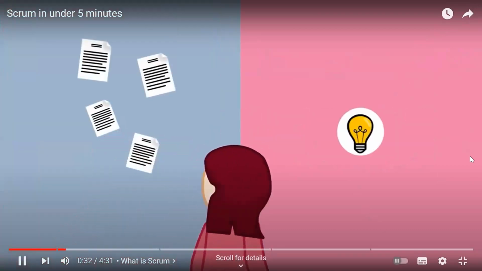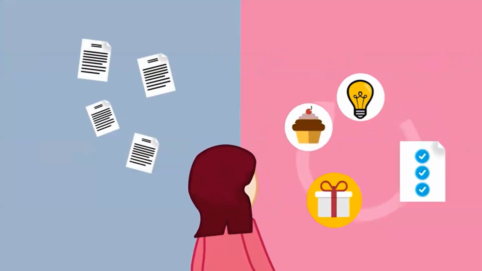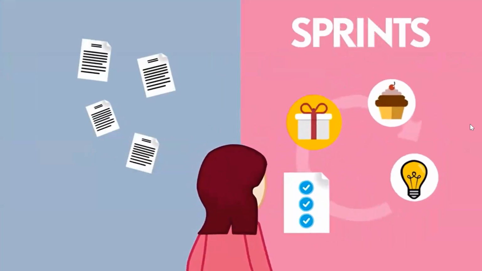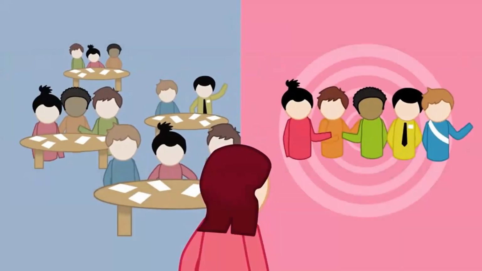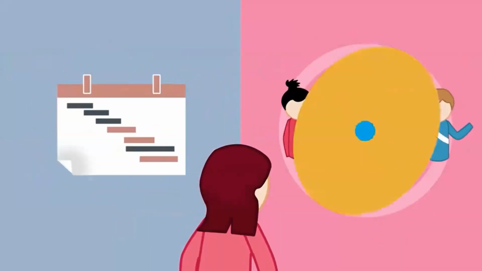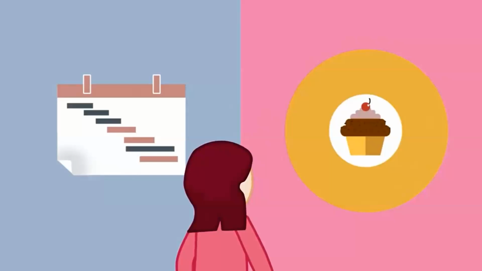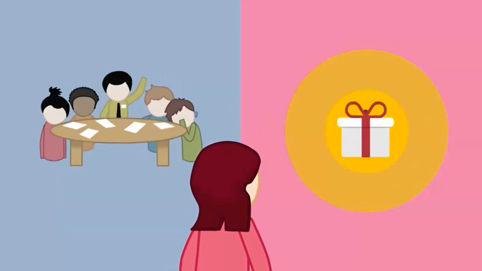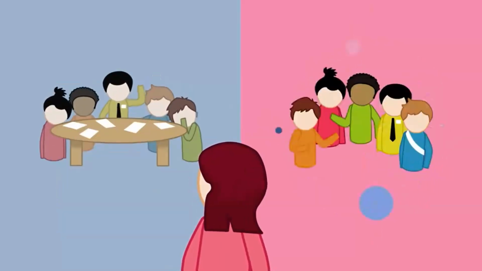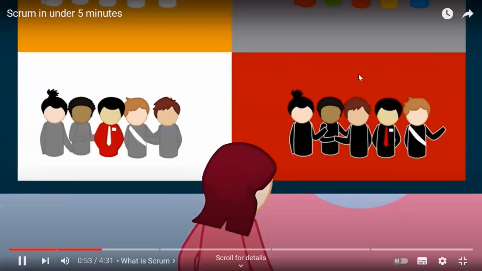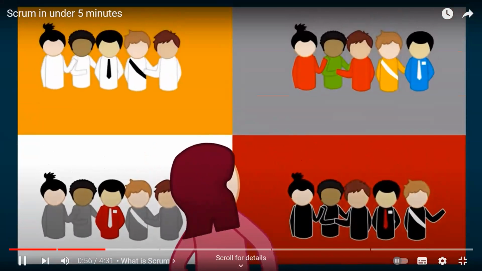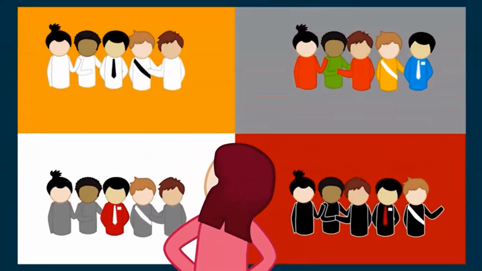With Scrum, you write fewer plans and you do more, in short cycles we call sprints. You don't work on separate islands, but as one dedicated team. Instead of working on a project with a distant deadline, you constantly deliver functioning products. You don't use final evaluations, but you receive continuous feedback. Scrum is a flexible way of working in a rapidly changing world.